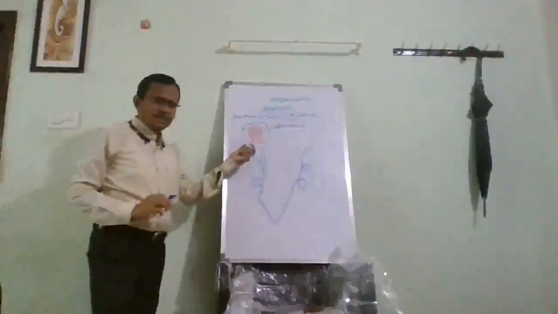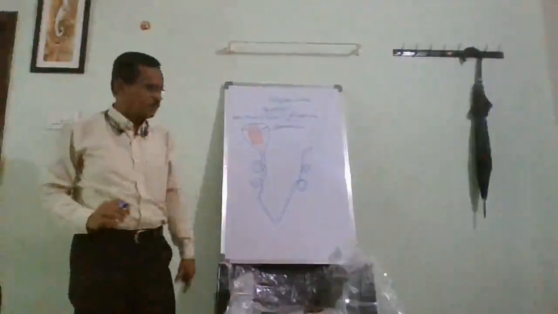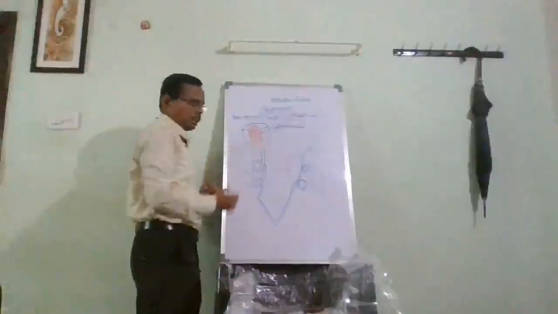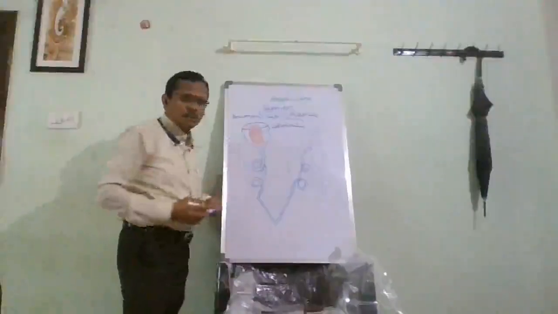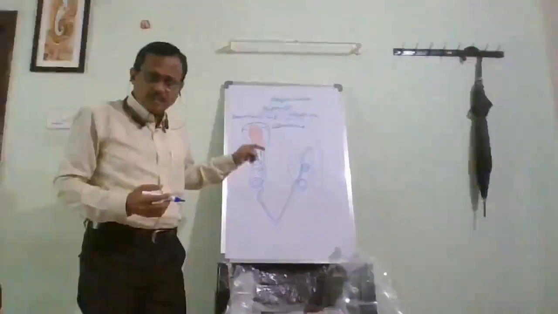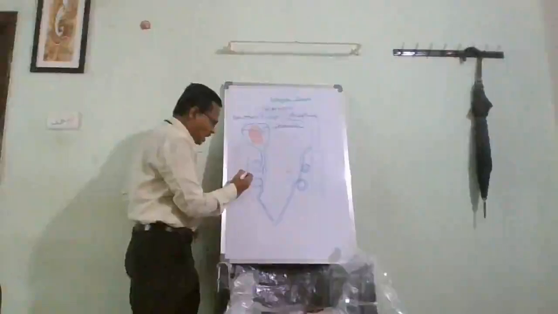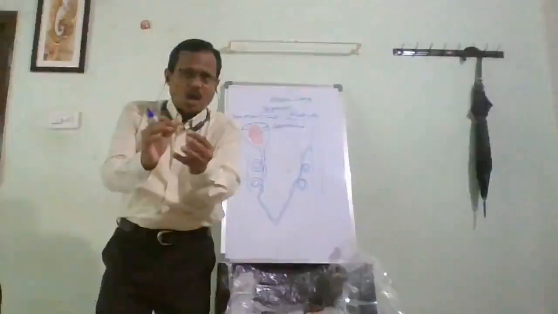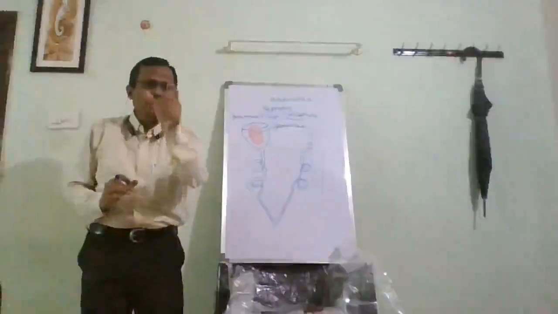Now comes the second part, called the tubular part. This tubular part comprises a highly coiled structure, very much nearer to the Bowman's capsule, and hence this is called the proximal convolution. Convolution means coiling. Proximal means very much nearer.